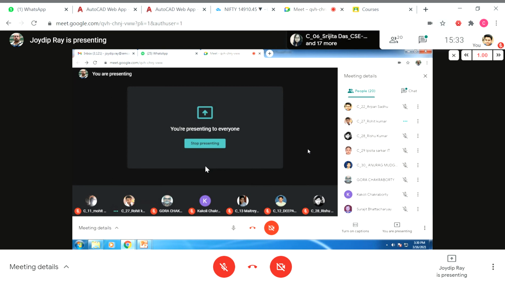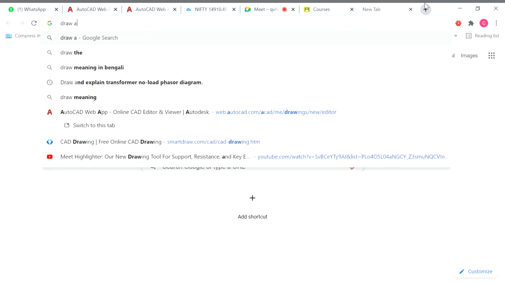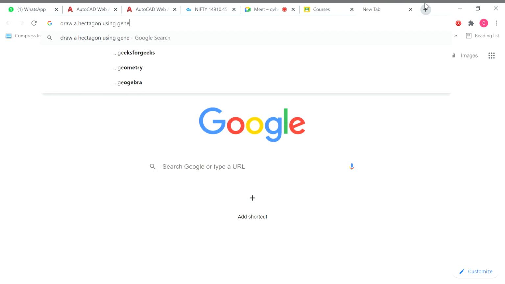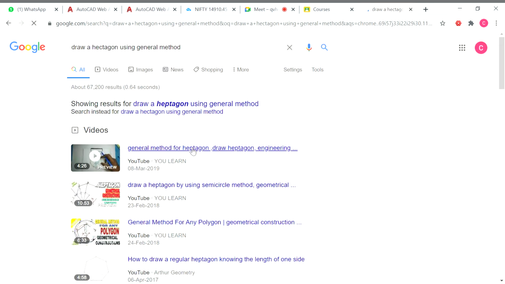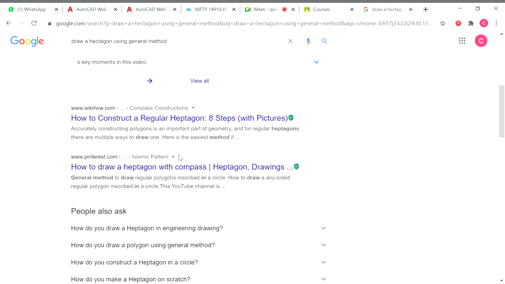You may have drawn the heptagon, that is very good. But in the examination, the question has come: draw a regular octagon of each side 50 millimeter with the general method. This is your question. Have you got my point?